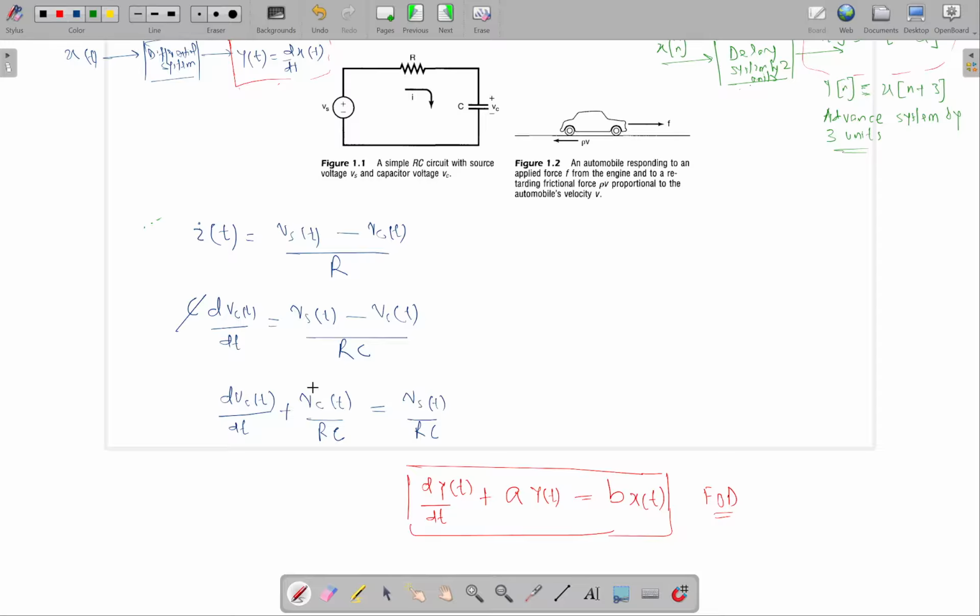Then y of t is again over here. And from here, we can see that a is basically equal to 1 upon RC if you compare both these equations. And then b is also equal to 1 upon RC. And then x of t is basically V_S(t), which is the source voltage, which was the input voltage. So what we have looked at is that this particular circuit, when you write its mathematical expression or equation, turns out to be this particular generic expression, which is the first order linear differential equation.